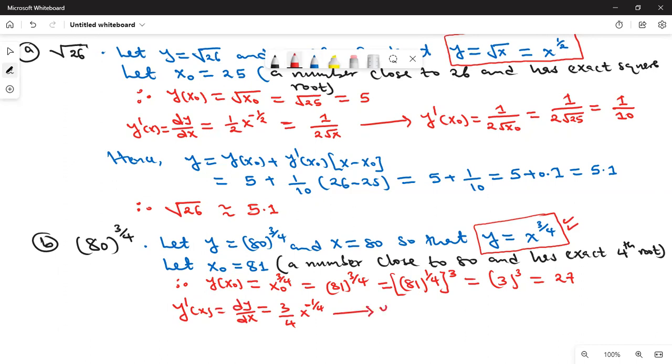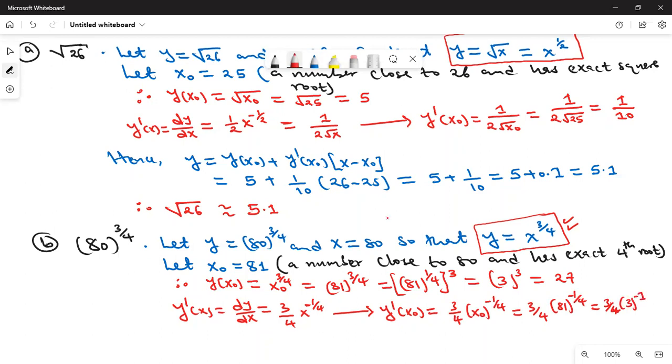Now, I need dy dx at x naught. So you can write y prime at x naught is simply equal to 3 over 4 times x naught raised to negative 1 over 4. And I know x naught, so this is the same as 3 over 4 times 81 raised to negative 1 over 4. So that is 3 over 4 times 3 raised to negative 1.